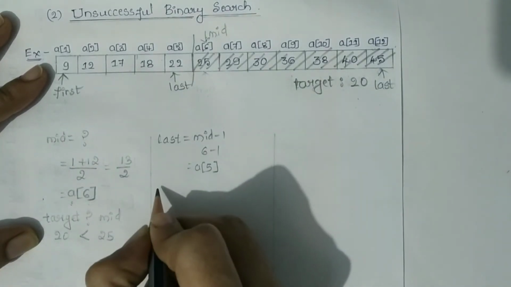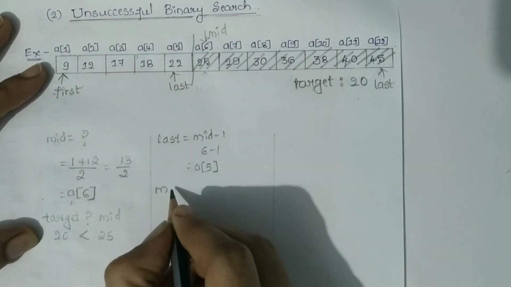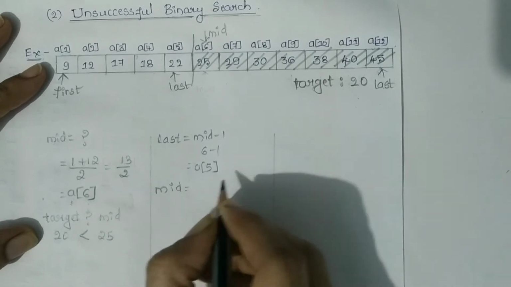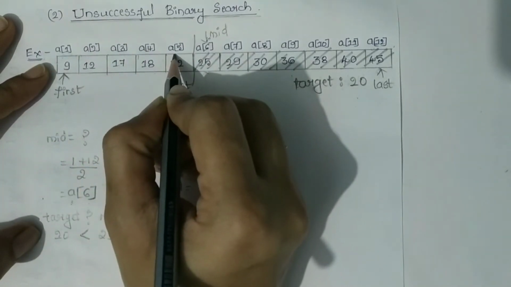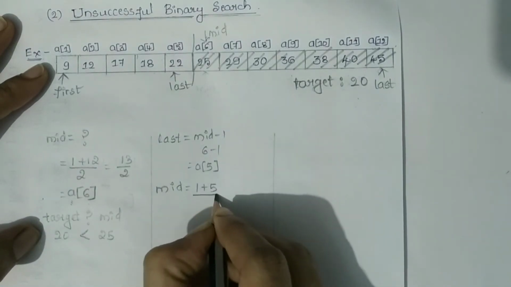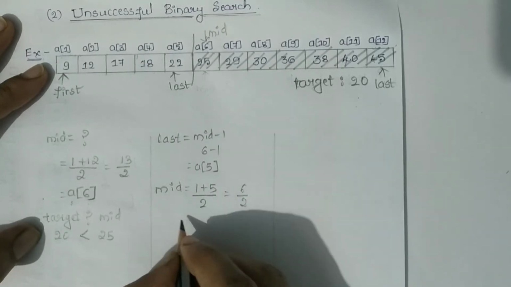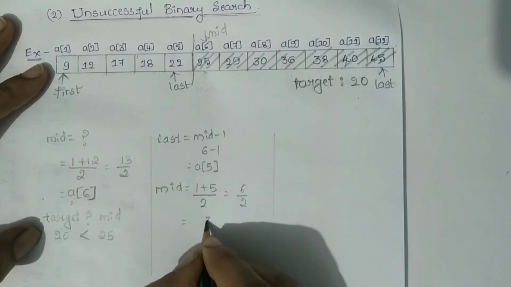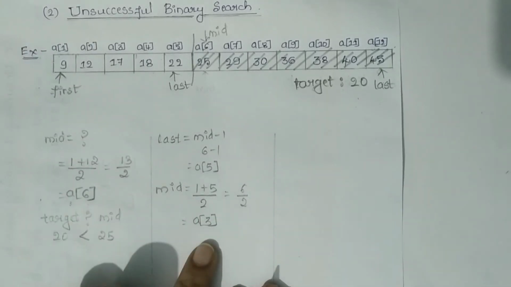Now again calculate the new mid value of the list. Mid equals array of 1 plus array of 5 divided by 2. That is array of 3.